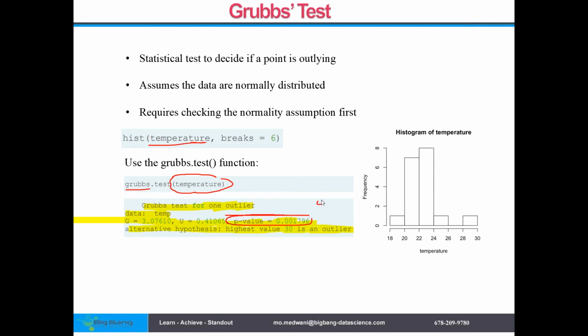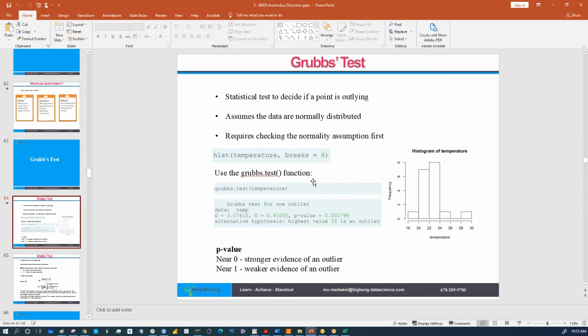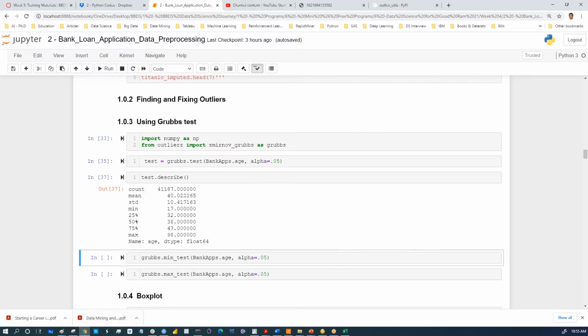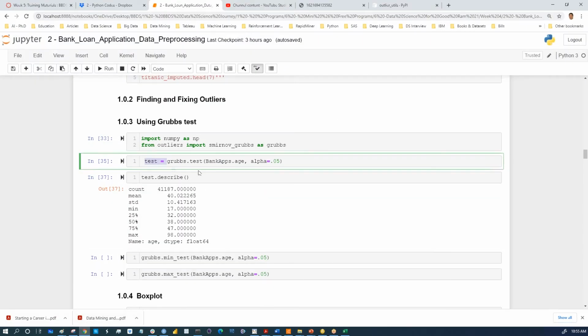If the p-value is less than 0.05, which is the threshold, that is a sign that you have an outlier in your data. It also tells you the element that it thinks is an outlier. This is what I was expecting from this code, but for some reason I might not be coding it right.